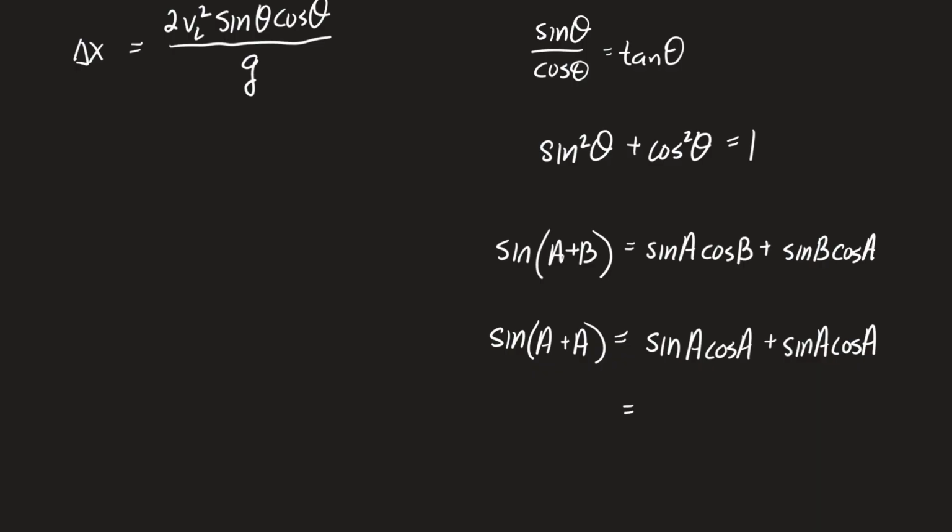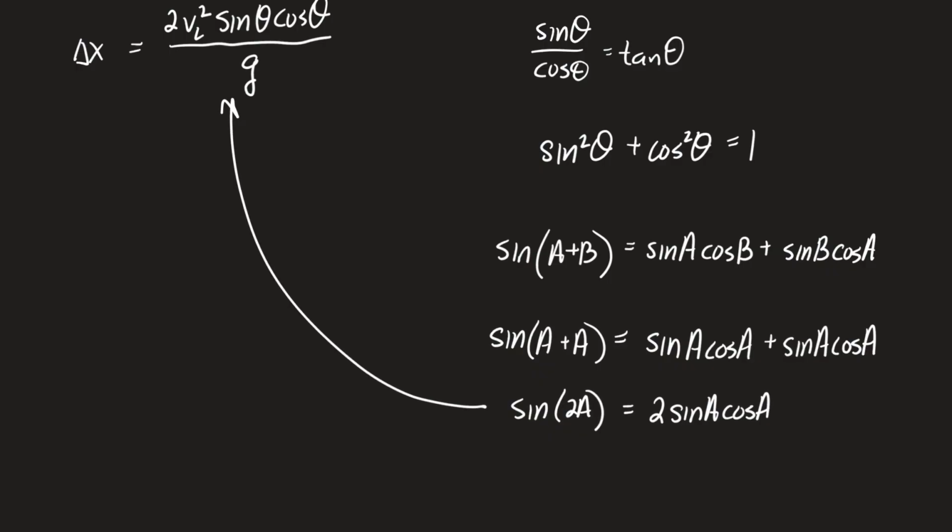So this will be 2 sine A cosine A, but the left side will be sine of 2A. Do you see where that could be used? Because I clearly see where that could be used. So I'm going to use a trig identity. I'm going to replace 2 sine theta cosine theta with sine of 2 theta.